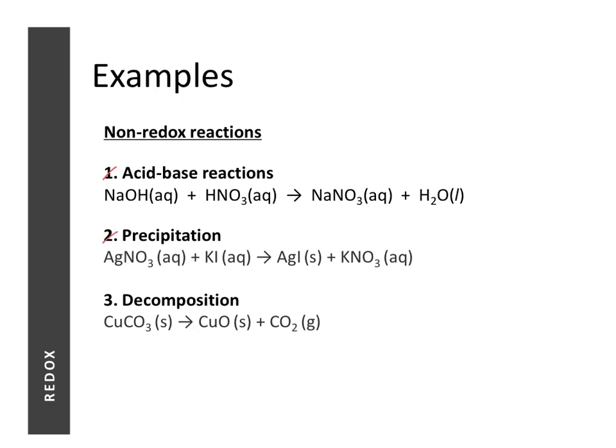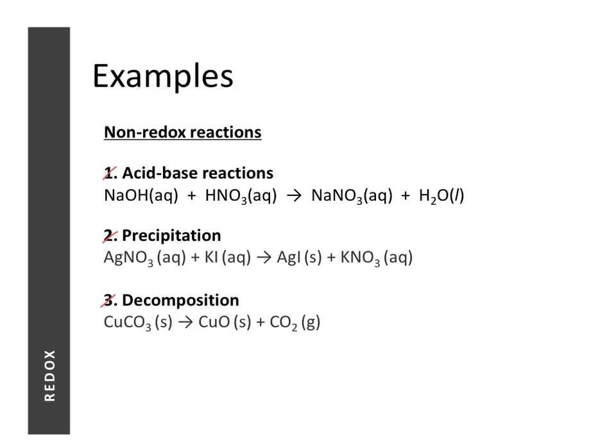Precipitation reactions are not redox in nature. And decomposition reactions, thermal decomposition of your metal carbonates, are usually not redox in nature. So that will help you very quickly identify reactions that are not redox in nature. Now, if you don't believe me, you can assign oxidation states to all the atoms and you will find that they have not changed at all.